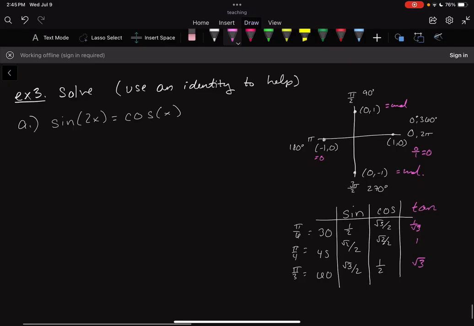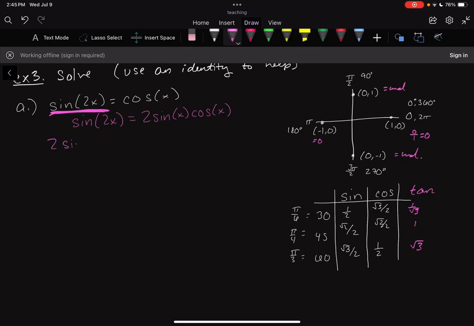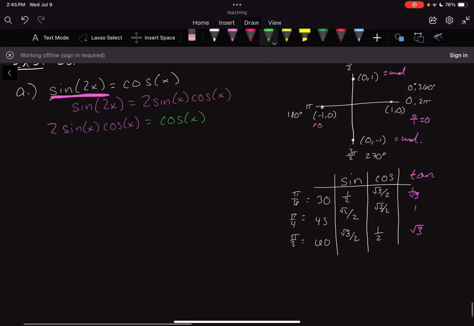There is an identity from your identity sheet that says sine 2x is equal to 2 sine x times cosine x. So what I can do is replace that here. Let's do 2 sine x cosine x, and then it's equal to cosine x. So I didn't change that side. I just changed sine 2x to 2 sine x cosine x.